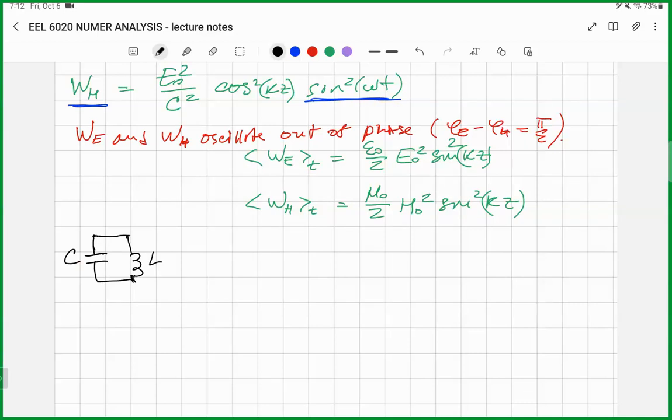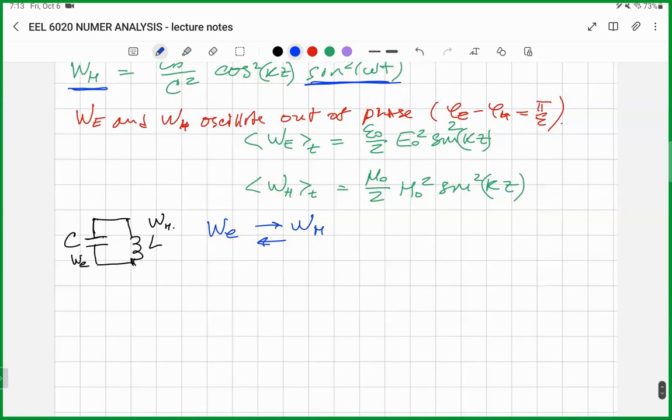In short, in a circuit of a capacitor and an inductor, where the capacitor stores the electric energy and the inductor stores the magnetic energy, the electromagnetic field can exist only when the electric and magnetic energy convert one into another, because the electric and magnetic fields in the capacitor and inductor have a phase difference of pi over 2. So this is also a resonator.